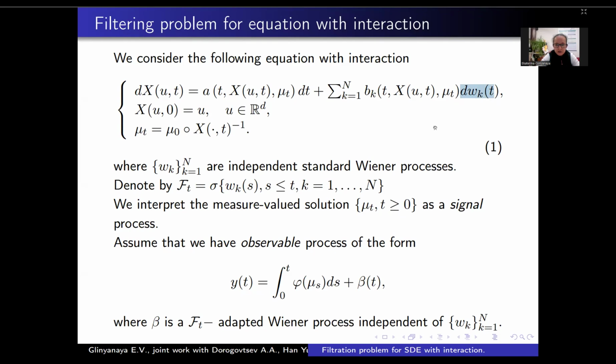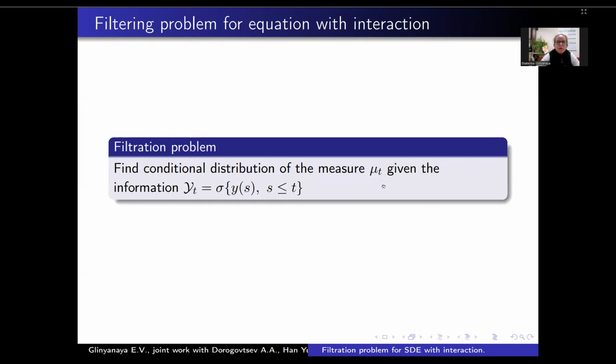Now the problem is to get the conditional distribution of the measure mu t given the information of the observable process y. I will now give a more precise definition.